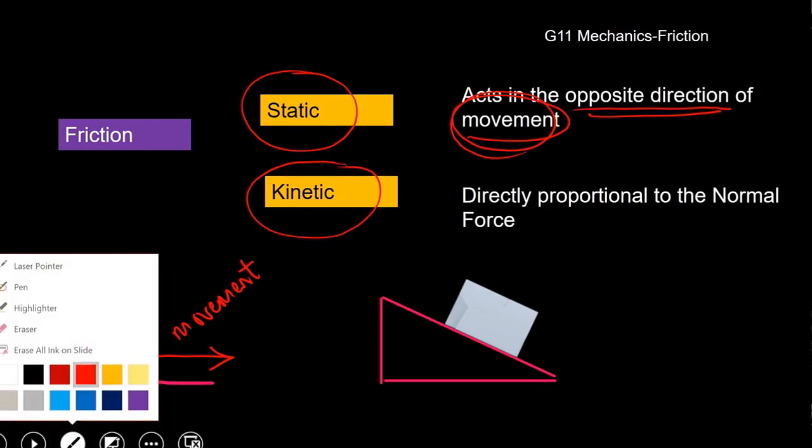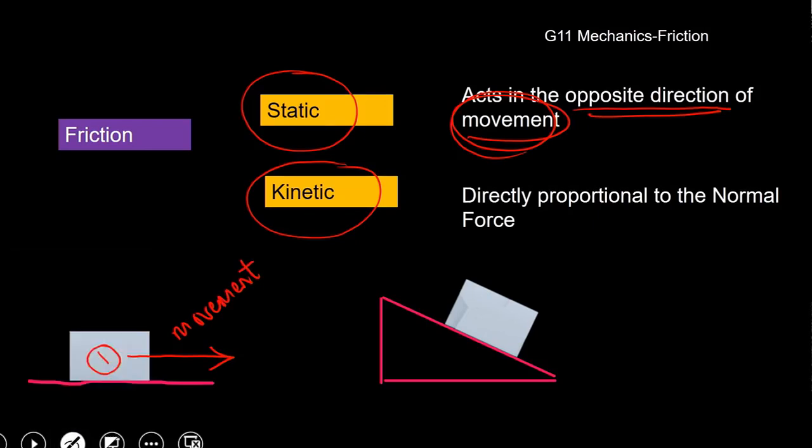In which direction is my frictional force going to act? So if movement is in this direction, let's just say to the right, the frictional force is going to be between the surfaces, so that's between the box and the surface that it's on, and it is going to be in the opposite direction to movement.